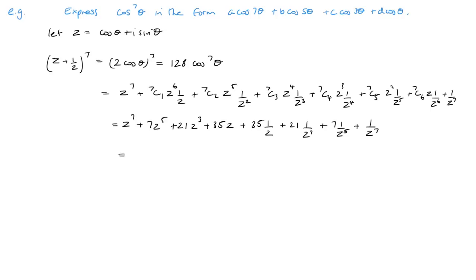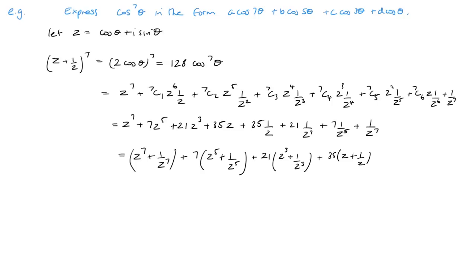Now I can put these together. So z to the power 7 plus 1 over z to the 7, plus 7 times z to the 5 plus 1 over z to the 5, plus 21 times z cubed plus 1 over z cubed, plus 35 times z plus 1 over z.